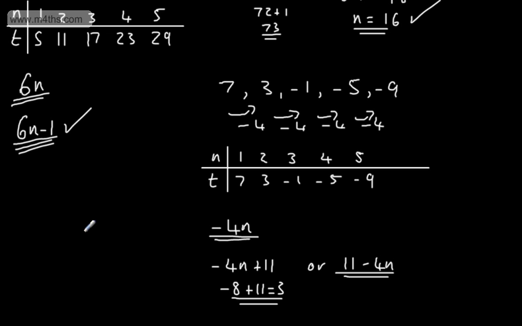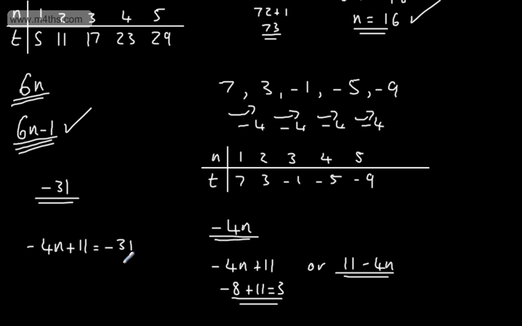So if we were asked now if the number 31 is in here, let's go for something more reasonable, as we know 31 can't be. Let's go for minus 31. Is minus 31 in this sequence? So we'd say minus 4n plus 11 is equal to minus 31.